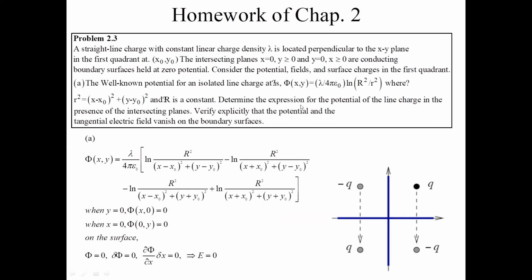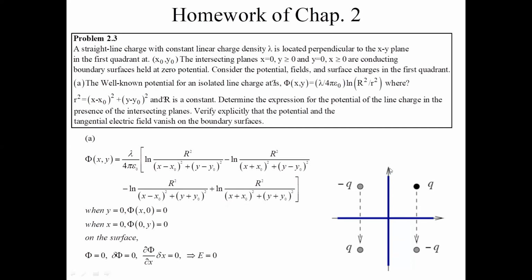So as we know, the potential of an isolated line charge is equal to this term. So we just use the image charge to fit the boundary condition. Okay, so we can know that the total potential will be equal to this, as we use this structure.